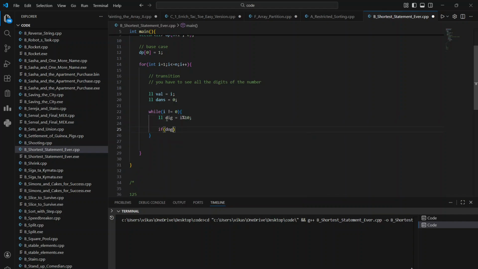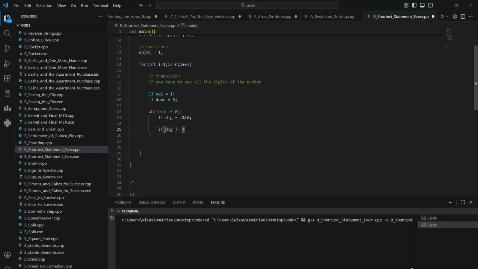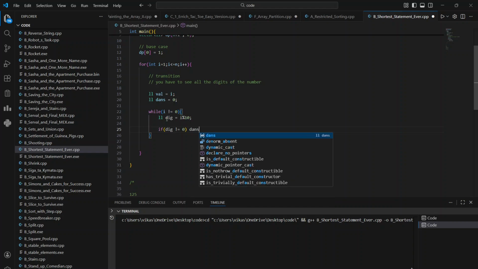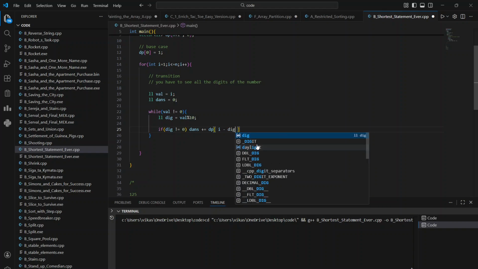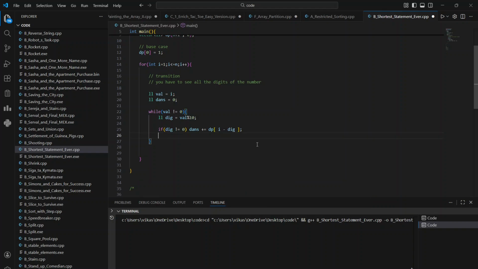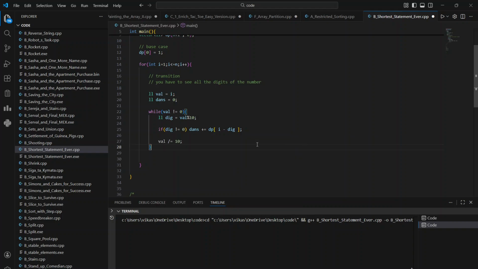Then if the digit is not equal to 0, you will do dAnswer plus equal to dp of i minus digit. I write val here because I cannot change i, since then the loop would change. After that I do val divided by equal to 10.